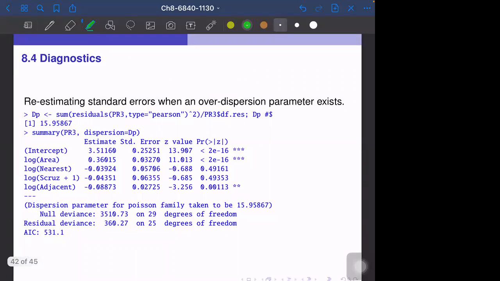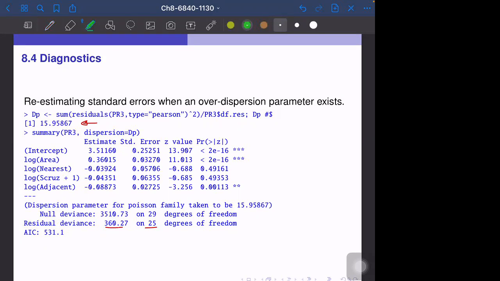And actually for this model, the variables do not entirely explain the situation since the deviance is much larger than the degrees of freedom. So we introduce the overdispersion parameter, and actually this is 16. This is much larger than 1. If we use this dispersion parameter, standard errors are updated.